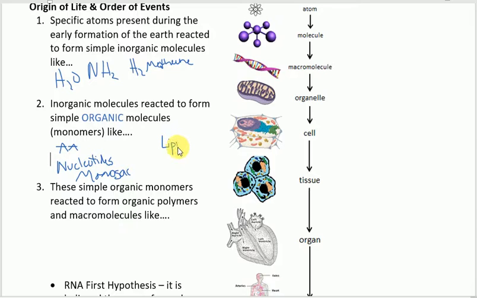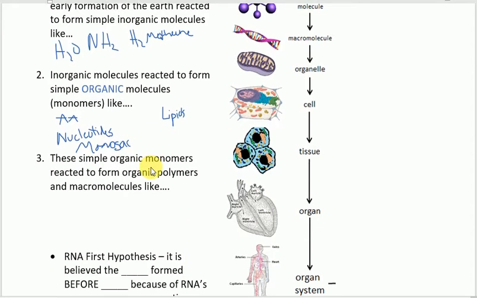Now I want to remind you, if you don't remember the different molecules involved, make sure you write these down. Amino acids is CHON, carbon, hydrogen, oxygen, nitrogen. Nucleotides is CHONP, so we add that phosphorus on the end. Then we've got monosaccharides of CHO, and lipids also of CHO.